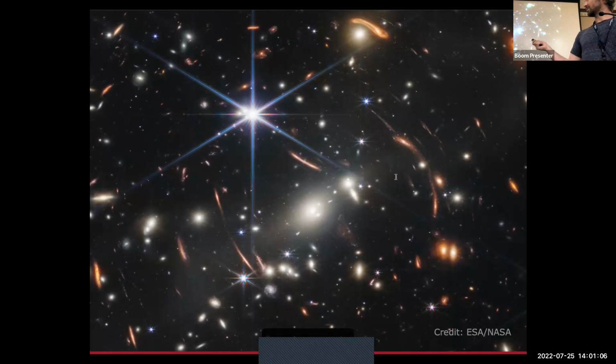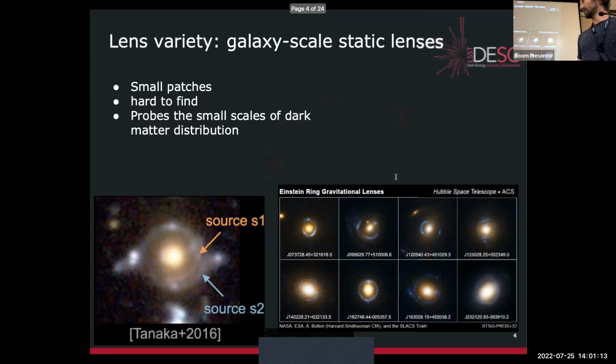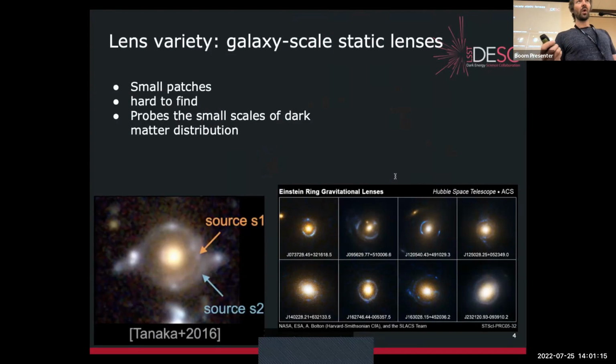What I'm going to show you today is not so much on strongly lensed clusters, but more at the galaxy scales. One of my tasks is to help finding these strong gravitational lenses in all of their flavors. With all the configurations that gravitational lenses can take, they look very different from one another.